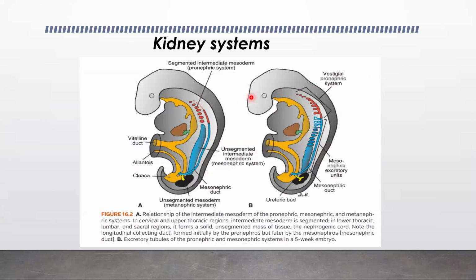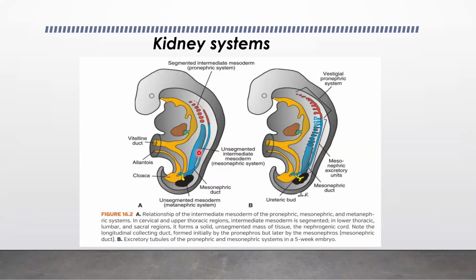Okay, so here we can appreciate the kidney systems. We have the pronephros, then we have mesonephros, and then we have the metanephros here. So we can appreciate that this is a mesonephric duct, and it is actually draining in the cloaca. That's another point that we need to appreciate.